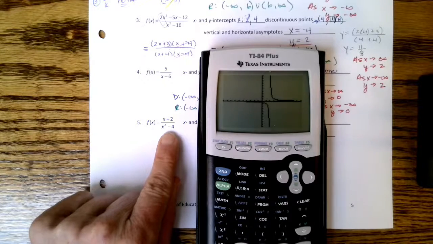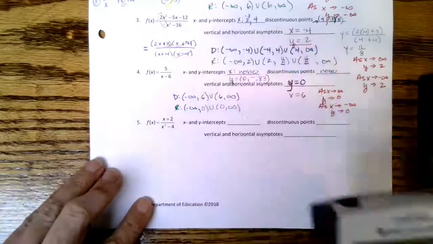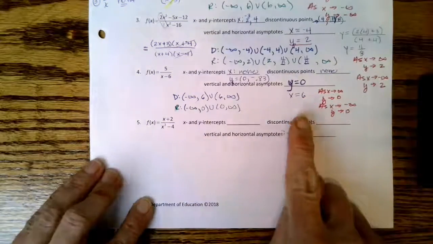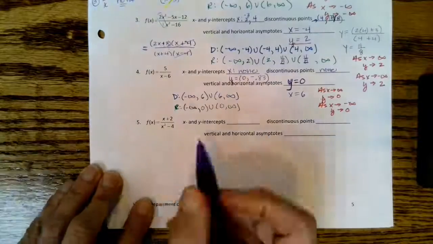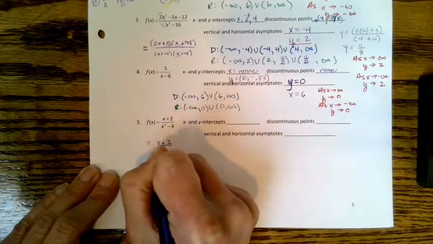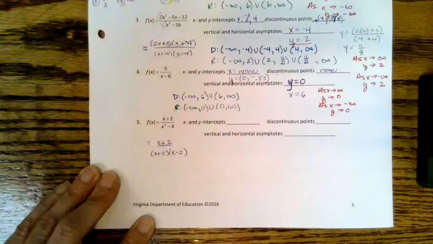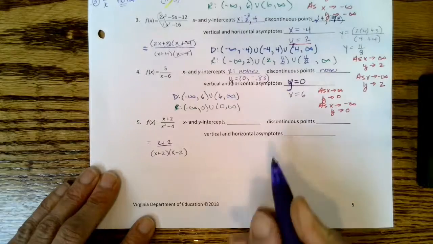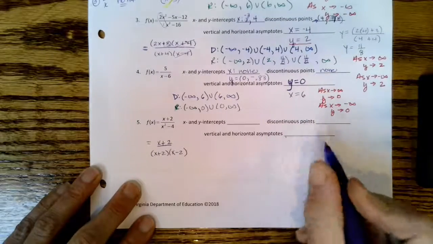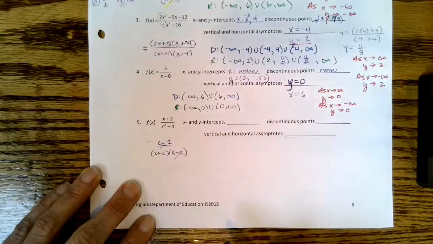But we know that there's going to be an extra point that we need to take care of, because there's going to be a discontinuous point. So I know that this factors into x plus 2 over x plus 2 times x minus 2. When I look at my asymptotes, I know that these cancel out.